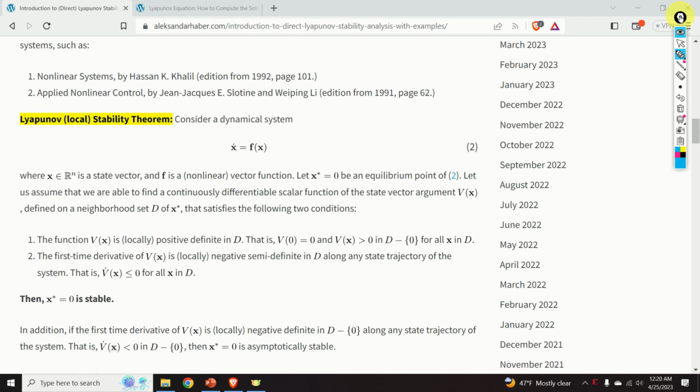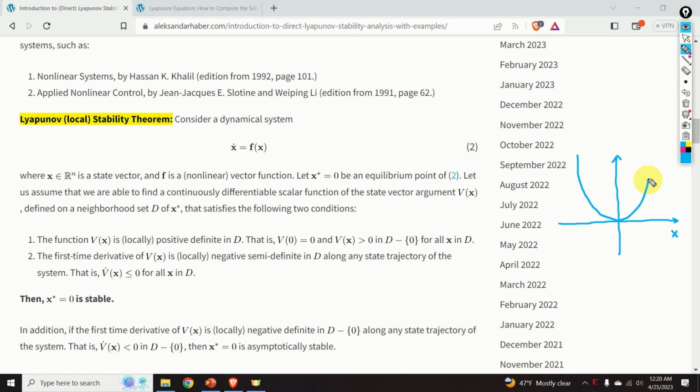Now, let us explain the physical intuition for this theorem. Again, let us consider a Lyapunov function that looks like this, and let us consider a simple system, this system.